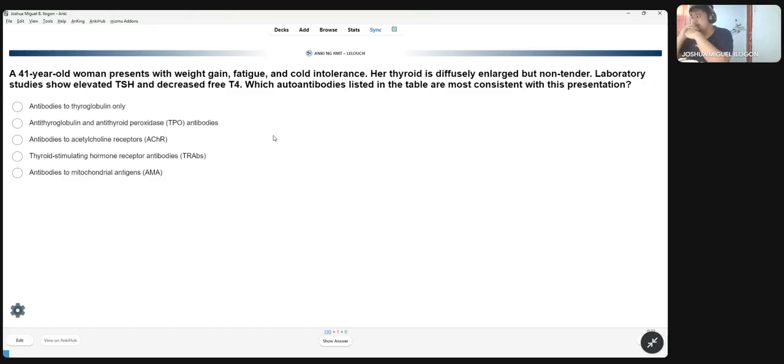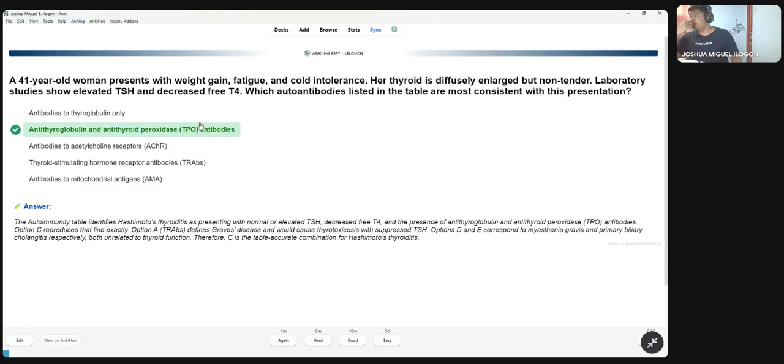This is not TRAb, I hope. I hope it's TPO. Right, I'm correct. Because this one is the other one. This is for hyperthyroidism or Graves' disease. This one is for your myasthenia gravis. I don't know that.